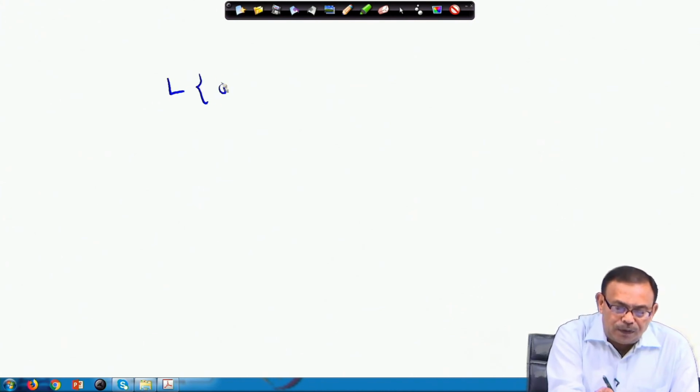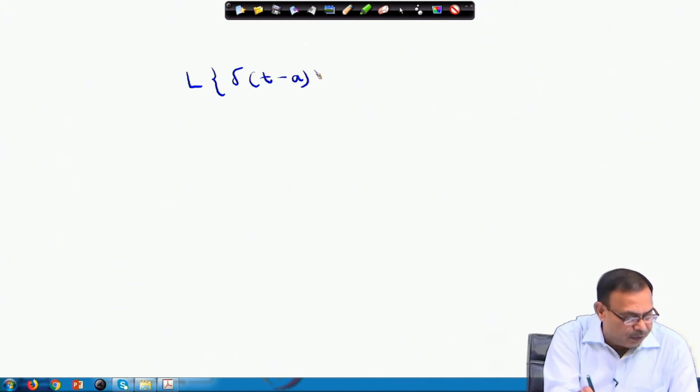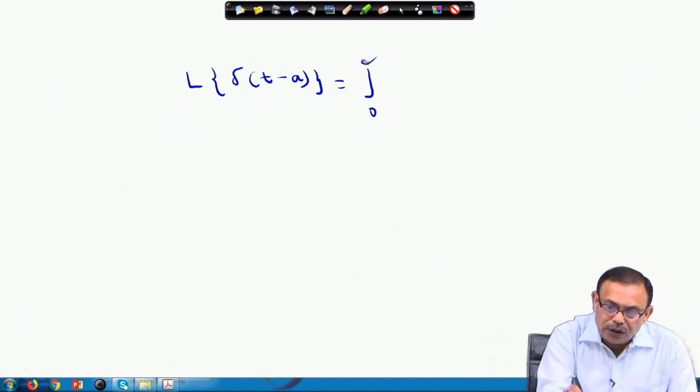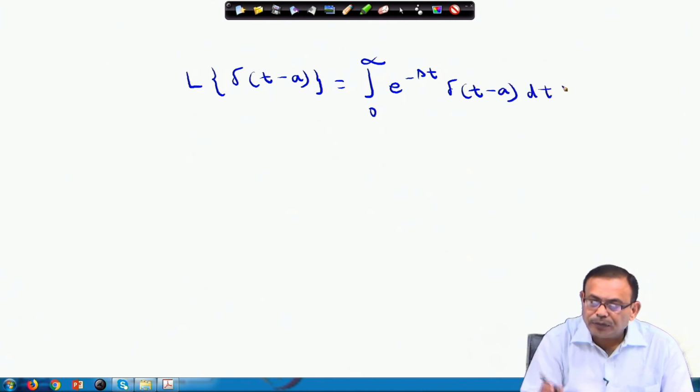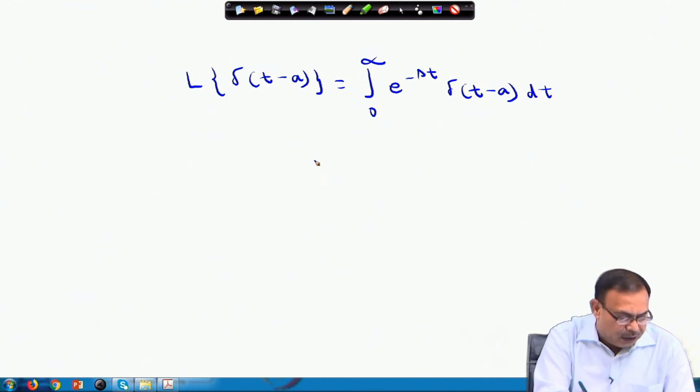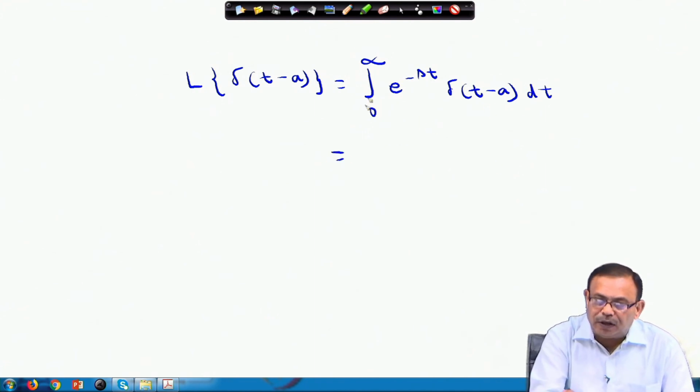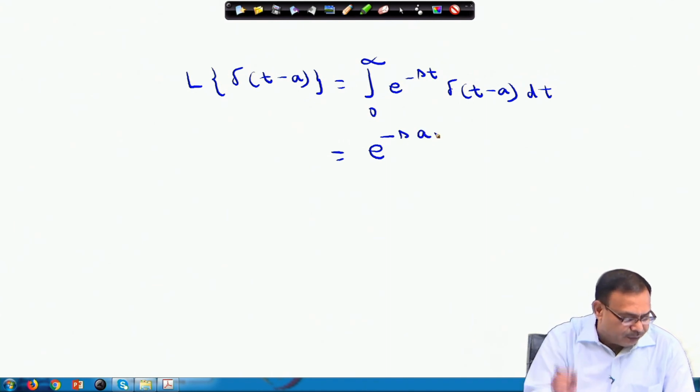So, the Laplace transform of the Dirac delta function delta t minus a equals the integral from 0 to infinity of e power minus s t into delta t minus a dt. Using the property of the Dirac delta function which I showed just now, this is nothing but e power minus s a.